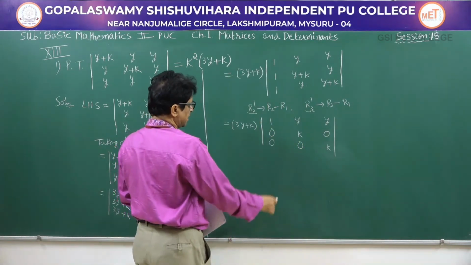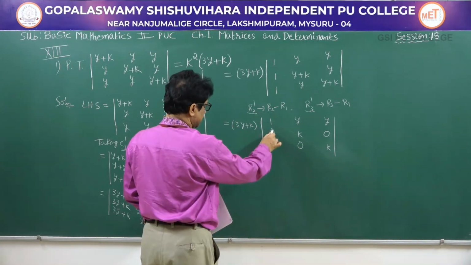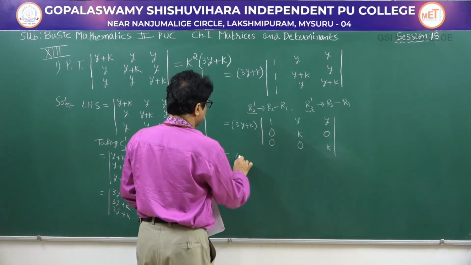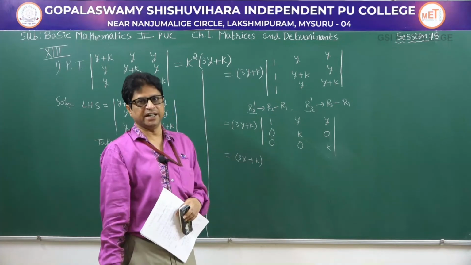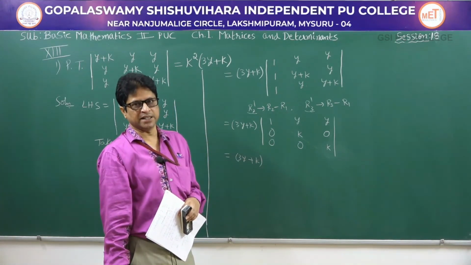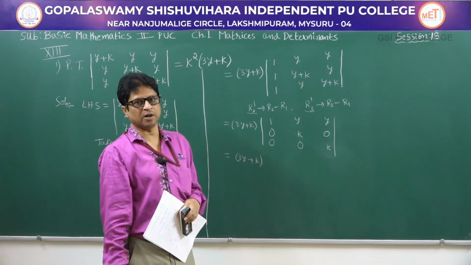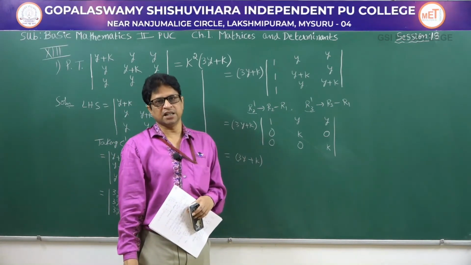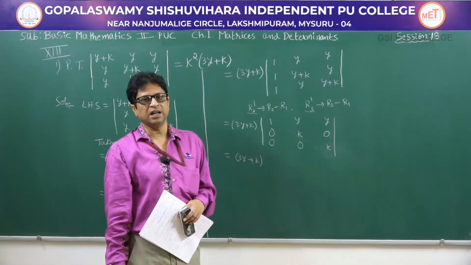If you observe here, on one side of the principal diagonal, all elements are zeros. So according to property 8, we know that if in a determinant, one side of the principal diagonal elements or both sides of the principal diagonal elements are all zeros, then the value of the determinant is nothing but the product of the principal diagonal elements.